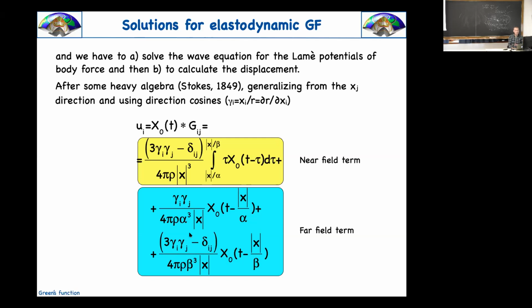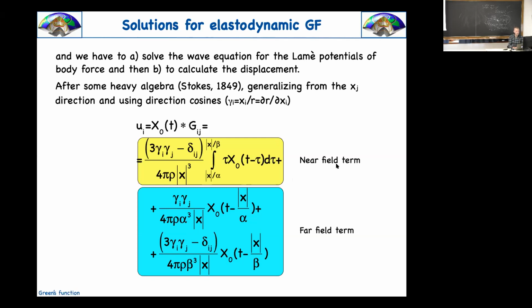The message to take home today is that if you put a body force that is a delta in time, a delta in space, and a delta in direction, we get P waves, S waves with their radiation patterns and an additional term that is called near field.